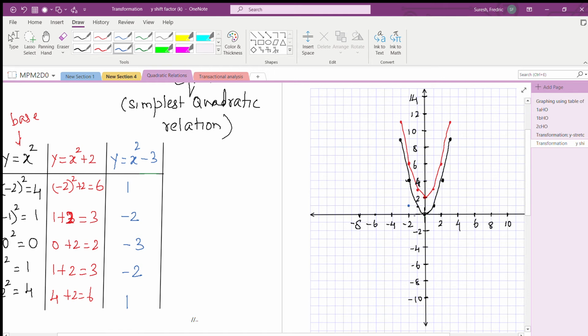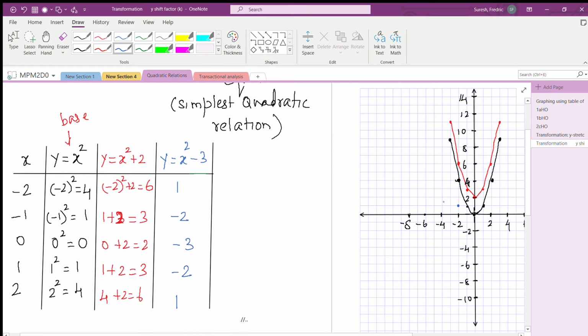Then the next point is -1 comma -2, and then we have 0 comma -3, and we have 1 comma -2, and then we have 2 comma 1. Joining all this as smooth as I can.